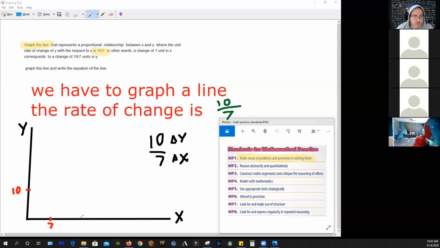And if we were to go over 14 on the x-axis, we should be going up 20 on the y-axis. And that is the pattern, that is the rate, that is the slope, that is everything. If you were to go 21 over on the x-axis, you'd be going up 30 on the y-axis.